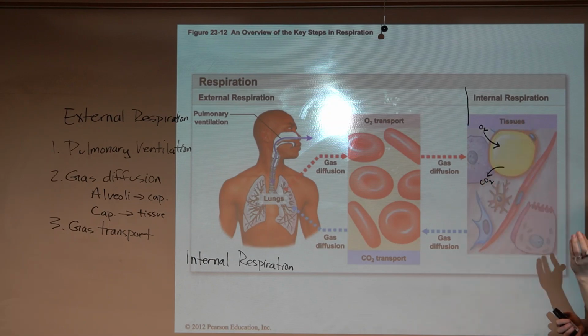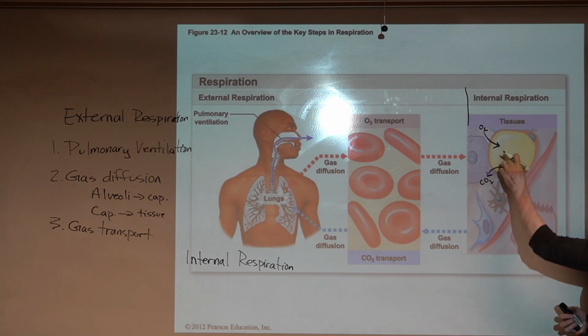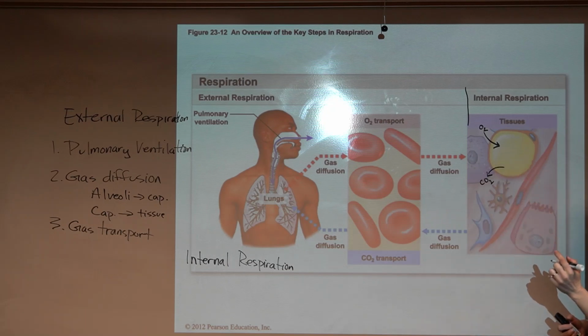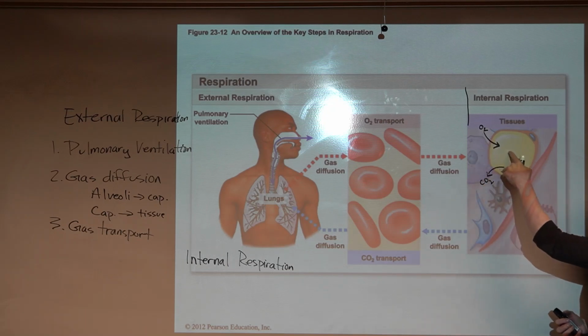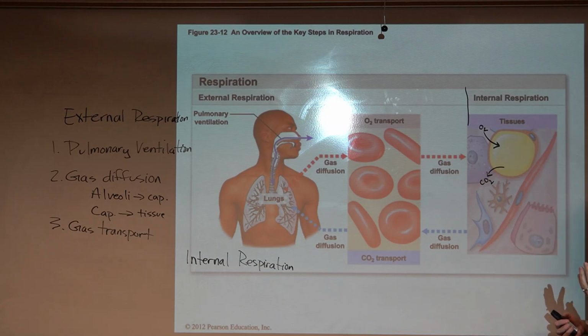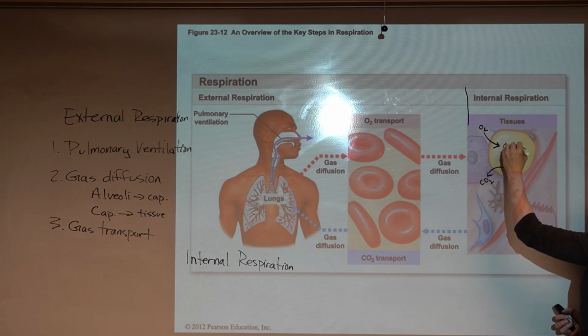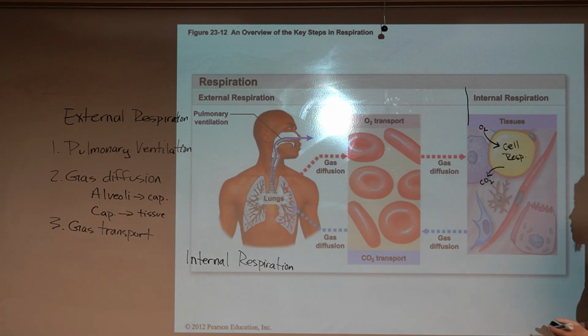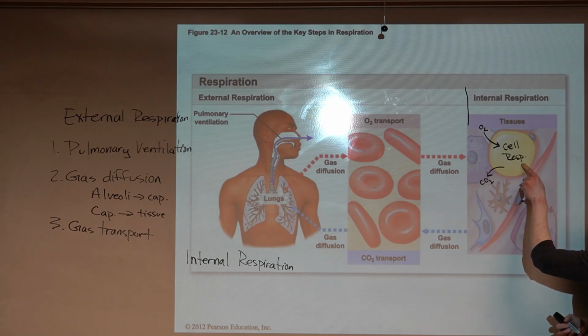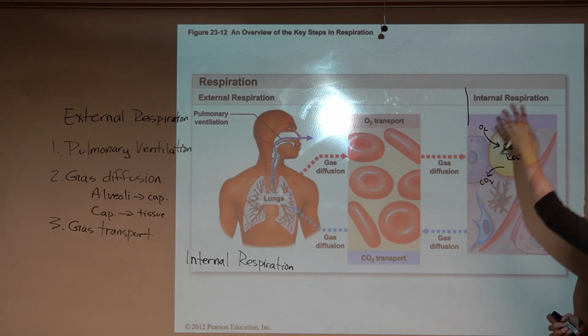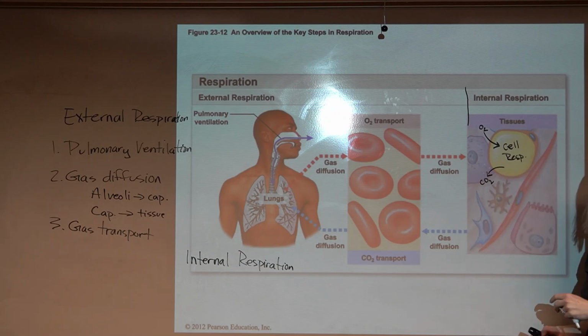So internal, we're thinking at the cellular level. Now, what goes on inside of this tissue? We take oxygen and we do what process? Cellular respiration. Don't worry, we get a whole chapter. Chapter 25 talks about cellular respiration. How does the cell use oxygen and produce this waste product, CO2? That is internal respiration.